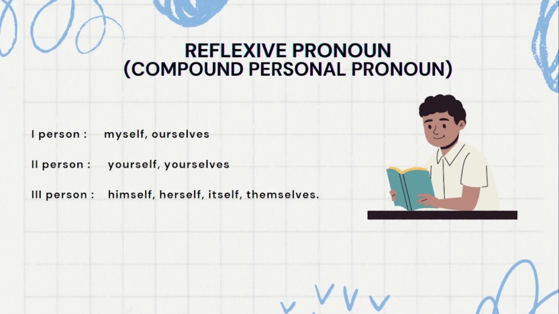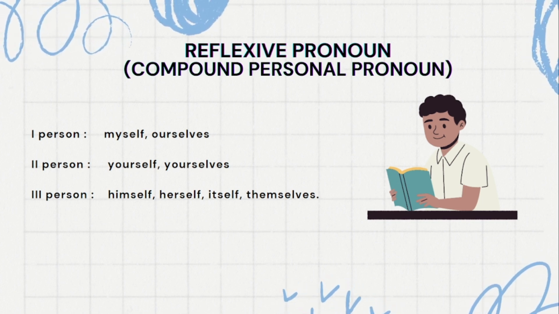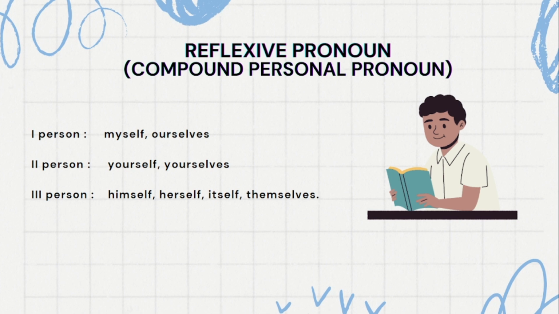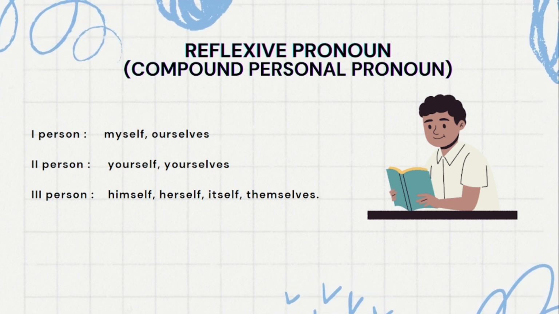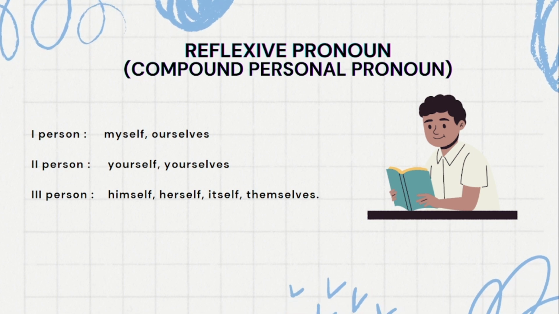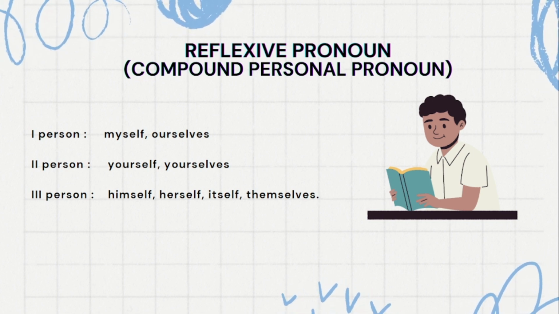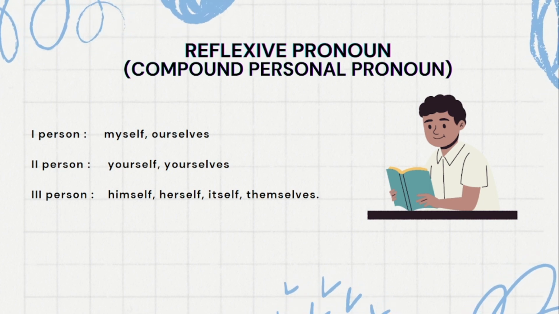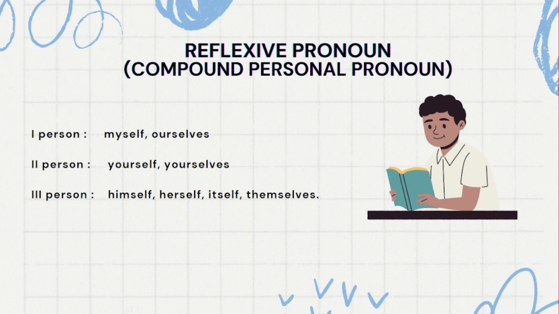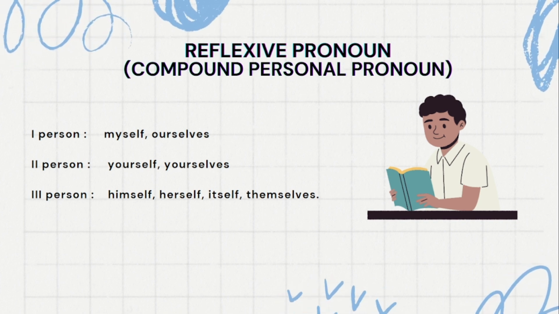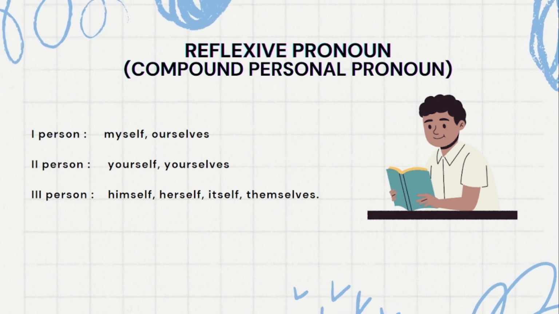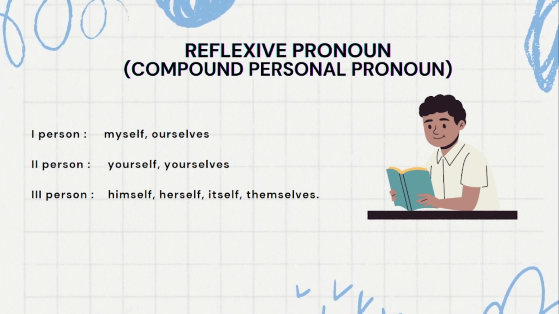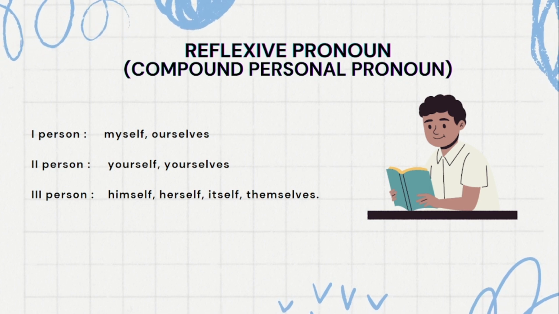Next, third person plural. They. They is the subject form. It is also a personal pronoun. What is the reflexive pronoun of they? Themselves. Plurals end with selves, S-E-L-V-E-S, in reflexive pronouns. They are called self forms. Reflexive pronouns are used in the place of object.